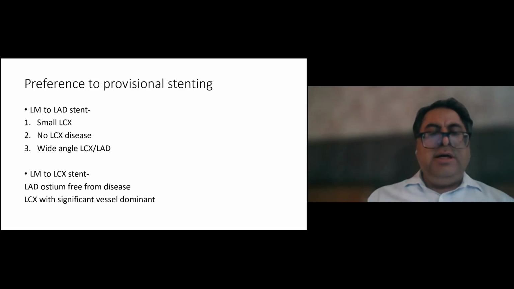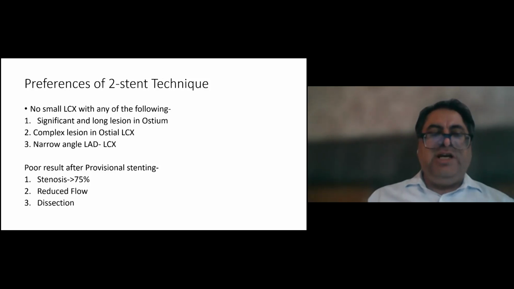Preference for provisional stenting from left main to LAD is given if the circumflex is small, there is no significant LCX disease, and there is a wide angle between LCX and LAD. And from left main to LCX stent, if the LAD ostium is free of disease and LCX is a dominant vessel, then it's a preference for provisional stenting.